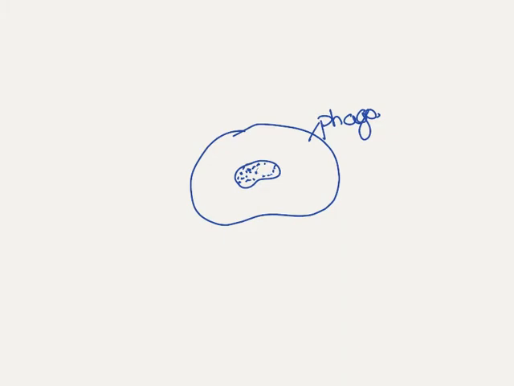Instead, what it's going to do is leave some chunks. Those chunks are going to be important. And those chunks are then going to be transported by the phagocytic leukocyte onto the surface of our cell. Okay, so this is called presenting. The process of presenting is going to take this little guy here.